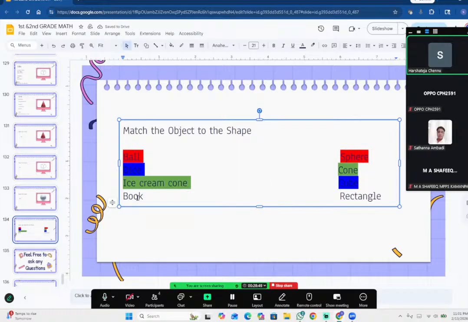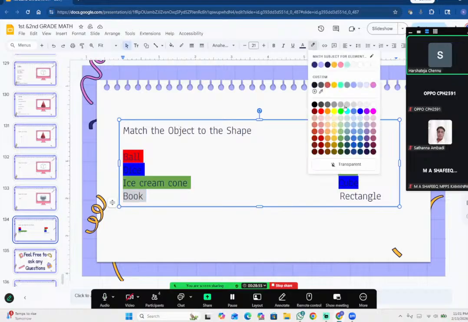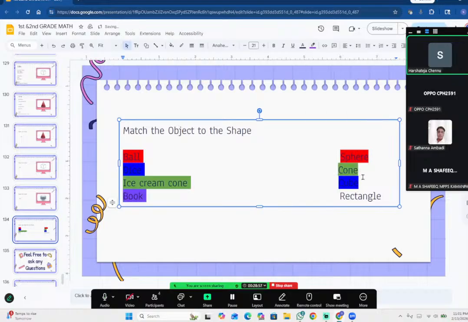Now the last one is book and rectangle. A book has two opposite equal sides and 4 corners and 4 sides, which is the same as a rectangle.